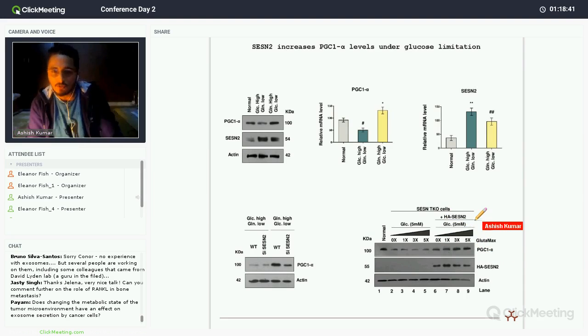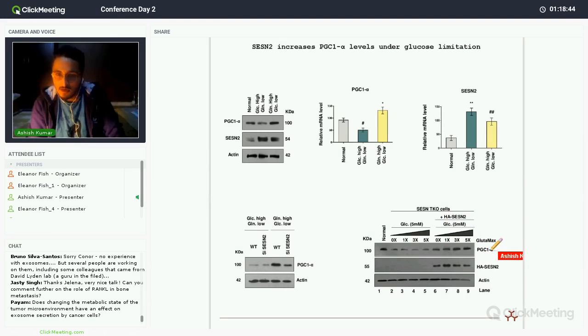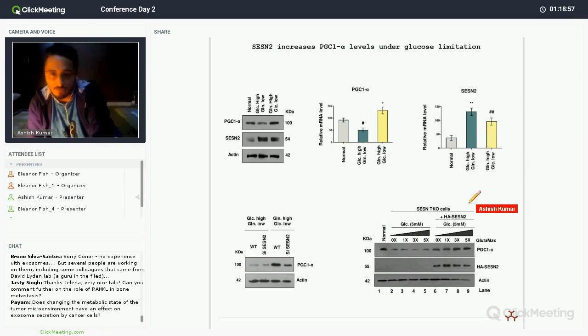It shows that Sestrin2 is essential for regulating the PGC1 alpha levels under glutamine high and glucose low condition. There could be involvement of other isoforms, but we have checked for Sestrin1. Data is not here, but we didn't get much of a change.